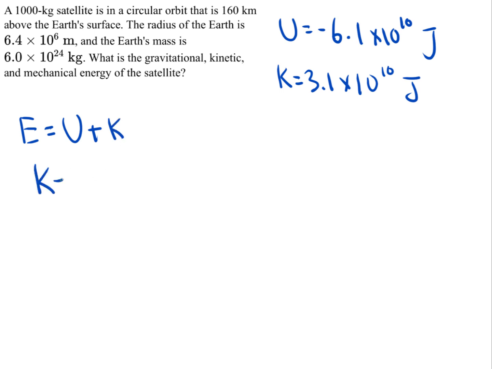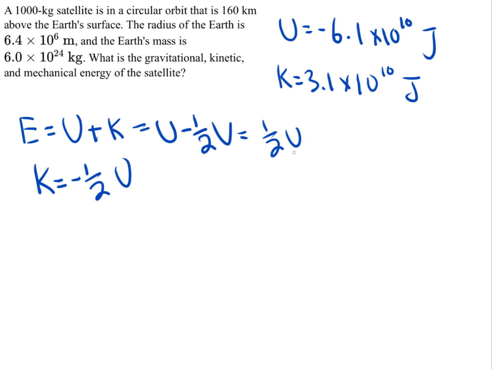This is because the kinetic energy is equal to minus 1/2 of the potential energy. So we can substitute this in, say that it is equal to the gravitational potential energy minus 1/2 of the gravitational potential energy, which is simply 1/2 of the gravitational potential energy.